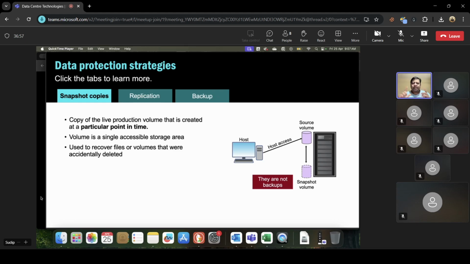And whenever you say snapshot, click, it will take a snapshot and keep it, and will note down the exact time, hours, minutes, seconds, milliseconds. And it will keep a journal or metadata of that, saying that when you are looking at this snapshot, you are actually referring to data which was at that particular point in time in the past.